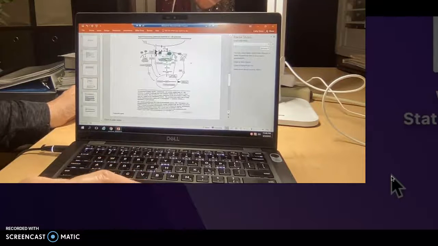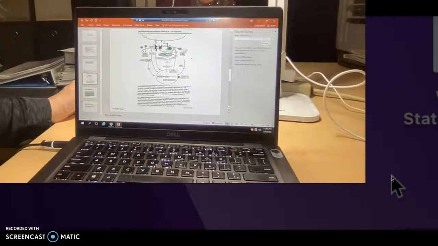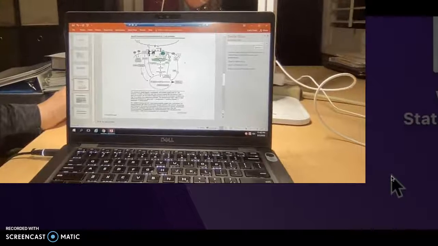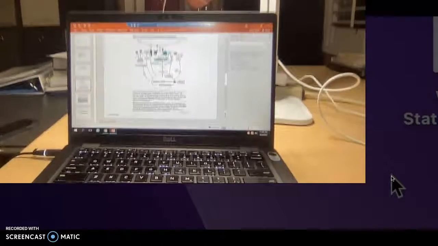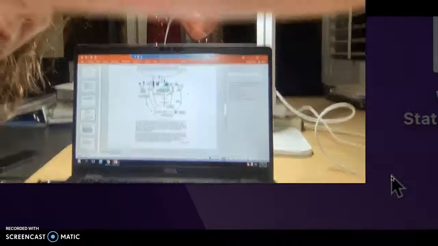And then here, I was able to pull up that signal transduction pathway that's involved in T-cell activation. Hoping that you can see this.